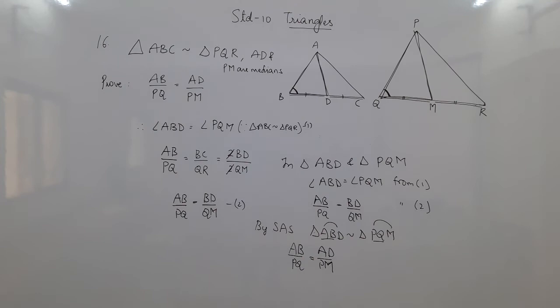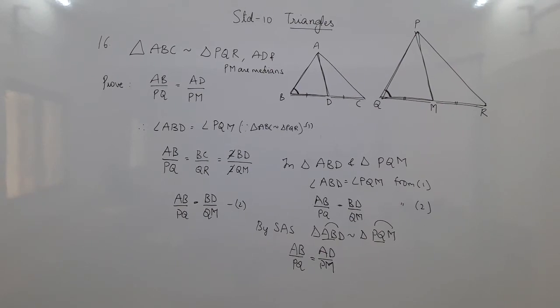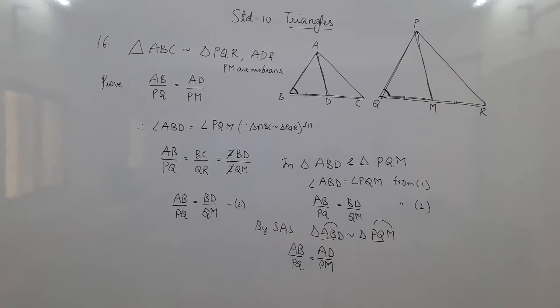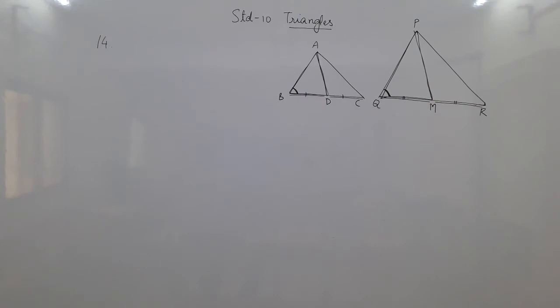Now similar to the 16th sum is the 14th sum, but here the data is slightly different. Now move to the 14th sum and see. The sides AB and AC and median AD are proportional to PQ, PR and PM. Let me write it on the board and you will see the difference. I have kept the same diagram, but look at the sum now.